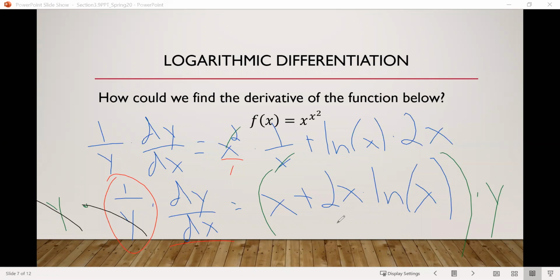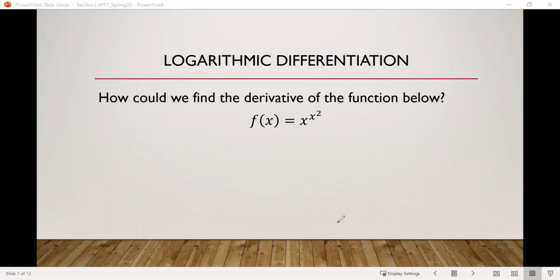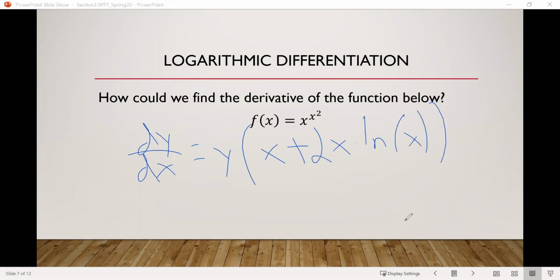So now what we have is dy dx equals y multiplied by that whole thing we just had, the x plus 2x times ln of x. And then remember, there was no y in the function we started with. y was actually equal to x to the x squared, so we can put that back in.